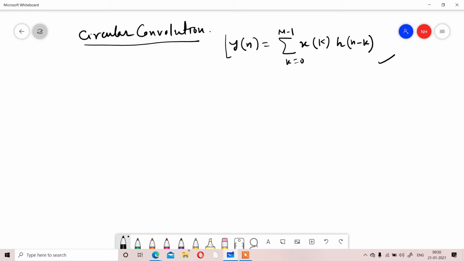Circular convolution of a 1D sequence is defined as y(n) by that format, that you know.